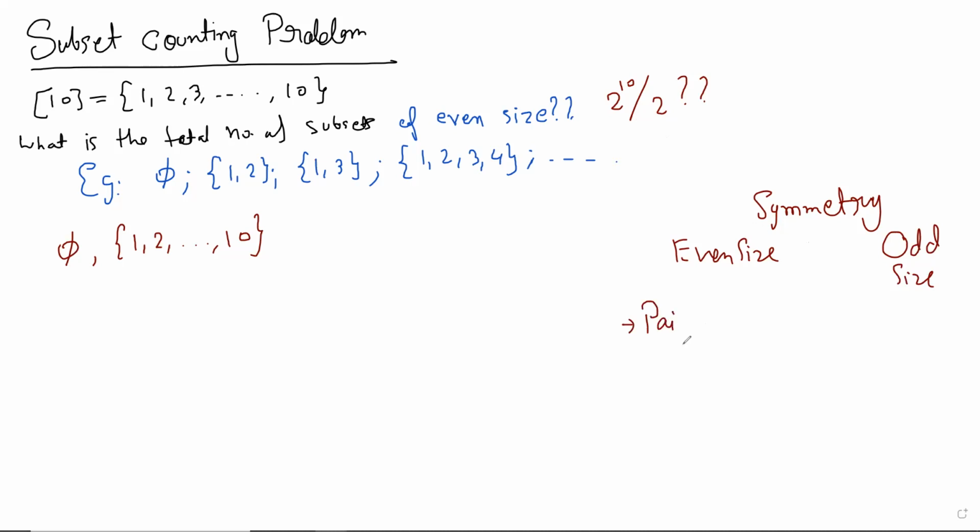But that is also, both are even. I'm just calling it even sets. But your idea of pairing makes a lot of sense. Pair even sets with odd sets.